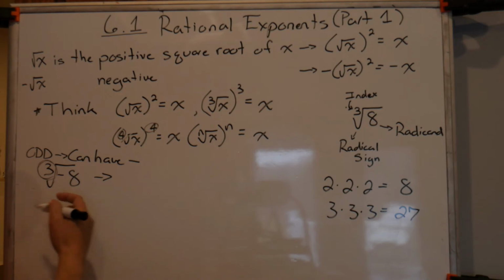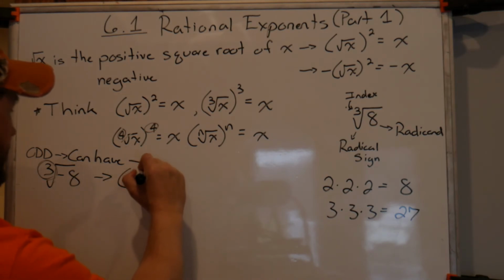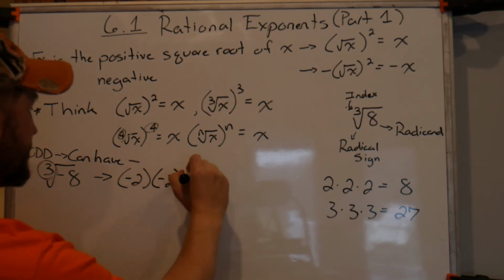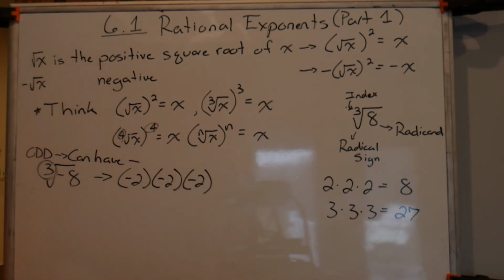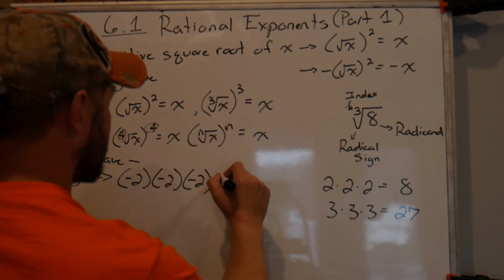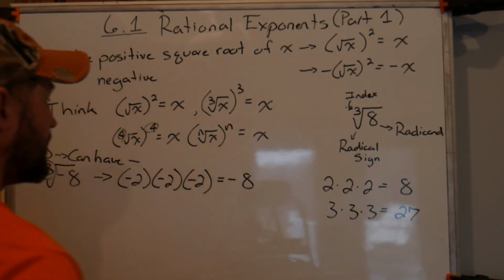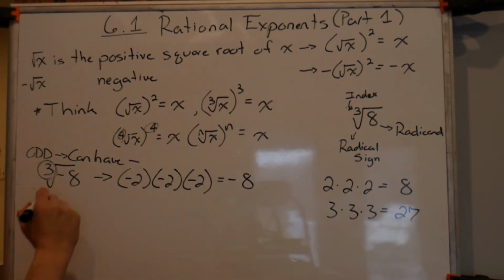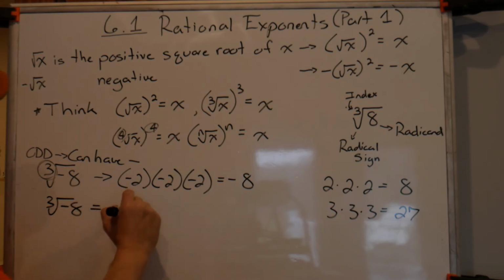That's 2. Well, we're just putting a negative in there. If we multiply a negative 2 by itself 3 times, a negative times a negative is a positive, times that third negative gives us a negative. So the cube root of negative 8 is negative 2.